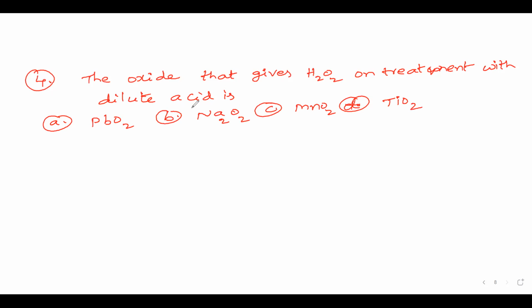The answer is sodium peroxide, because sodium peroxide on reaction with sulfuric acid forms sodium sulfate plus hydrogen peroxide. So from peroxides only we will get hydrogen peroxide. The oxidation state of oxygen in hydrogen peroxide is -1. This already we know. Next question.